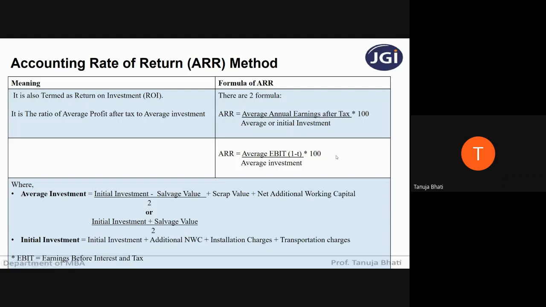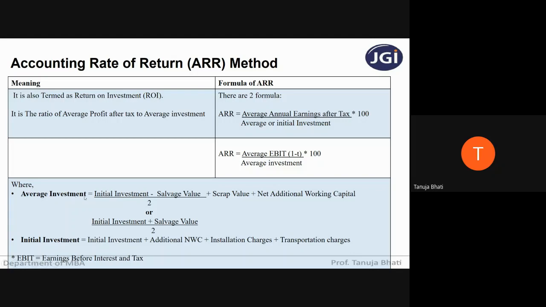Now, let us first understand the denominator, the average investment. How do I calculate the average investment? Again, there are two formulas. Different authors in financial management books have given different formulas, and they are bifurcated only into these two.